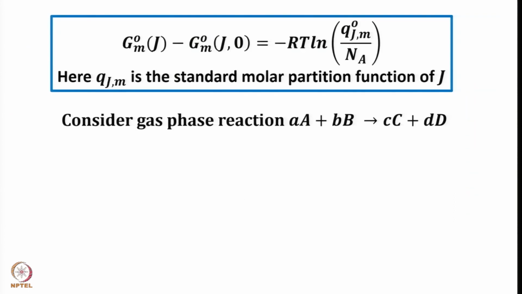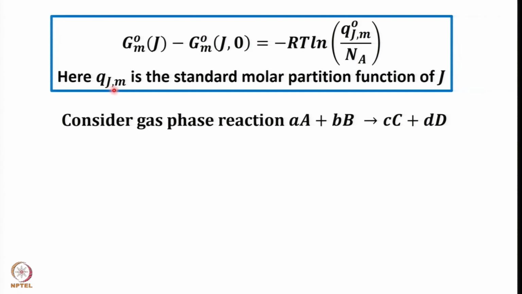Now let us express the molar Gibbs function under standard state conditions for any species J. Gm naught minus Gm naught at 0 is equal to minus RT log Qjm naught by Na. M stands for molar, J stands for species J, naught stands for standard state conditions, Na is the Avogadro constant.